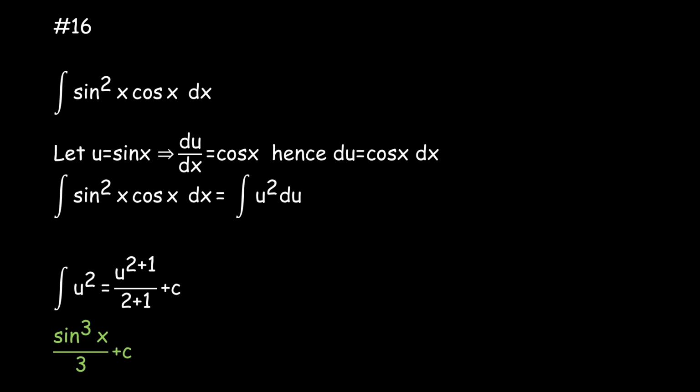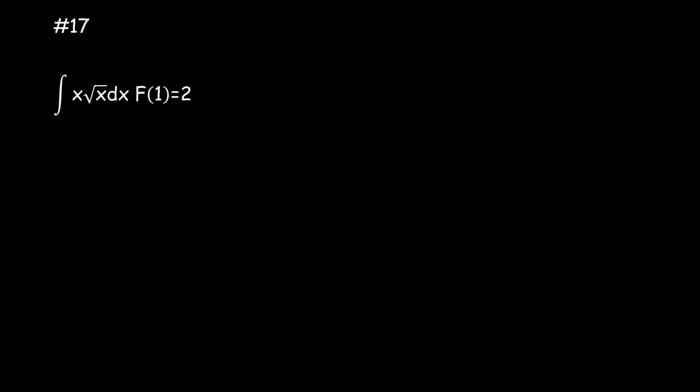Question 17, we have the integral of x squared root x dx, where f of 1 is equal to 2. Okay, that's an interesting annotation. So we need to understand that when x is equal to 1, f of x will be equal to 2.